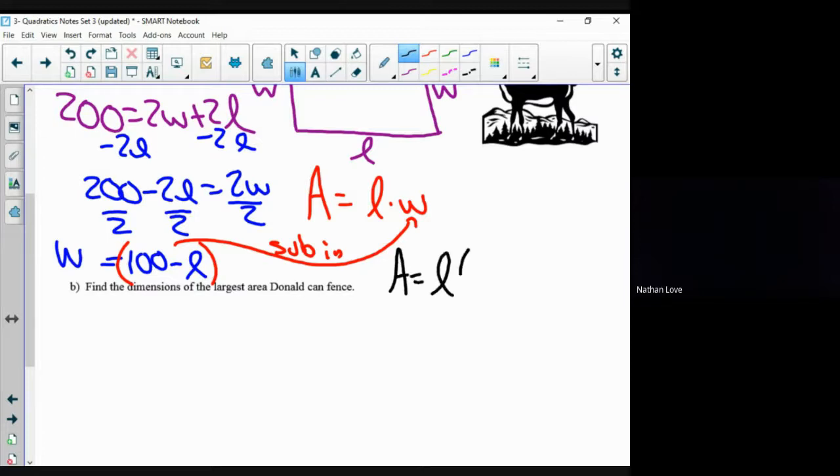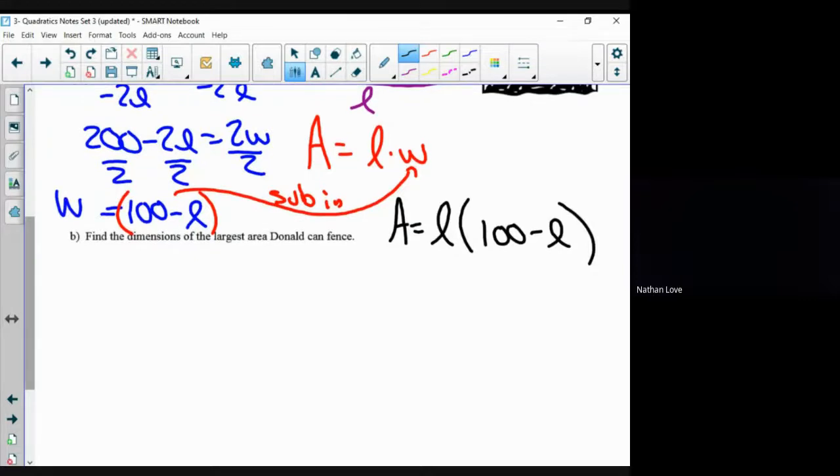I'm going to write down L parentheses 100 minus L. Yes, 100, correct. So remember, this is kind of like y is equal to x times 100 minus x.